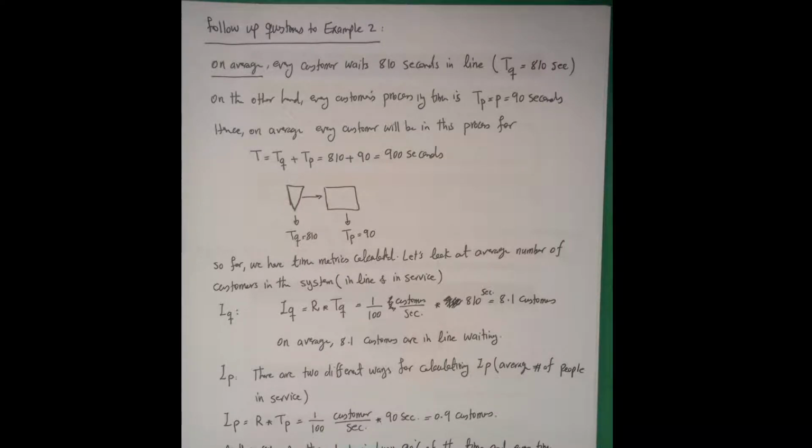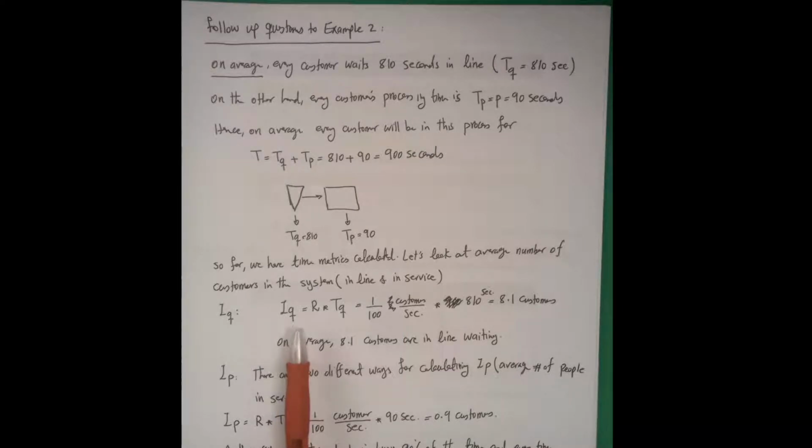All right. Now, so far we have calculated the server's utilization, we have calculated time in line, and we have calculated the average processing time. Next, we are going to calculate, on average, what is the length of this line? How many people on average are going to stay in this line, right? And that is IQ, inventory of queue, or the number of people in line.